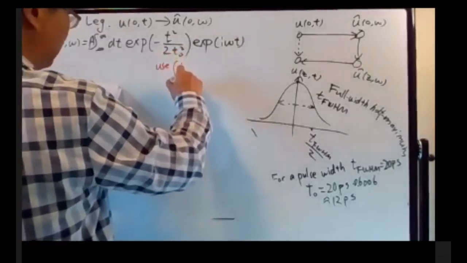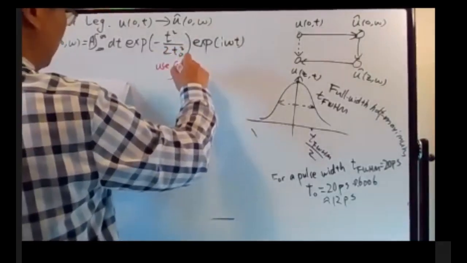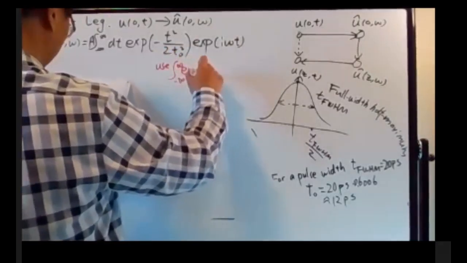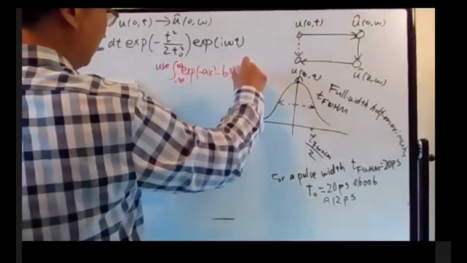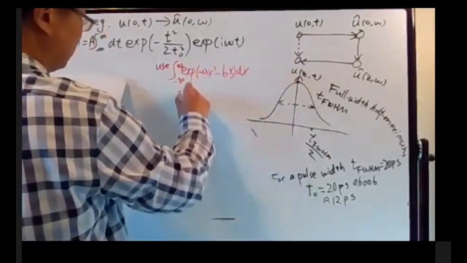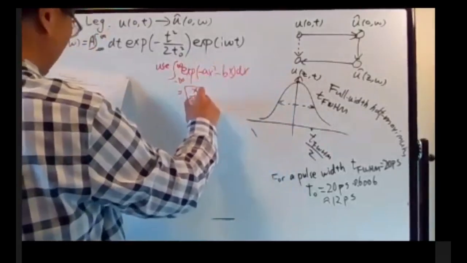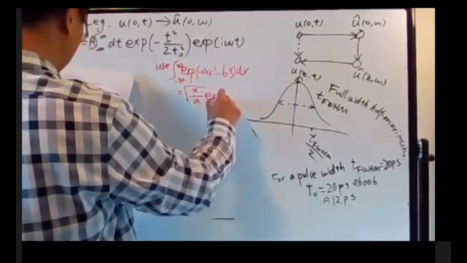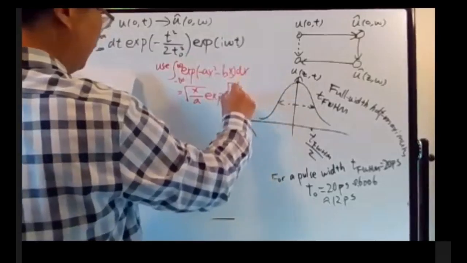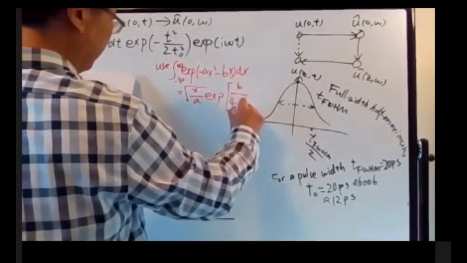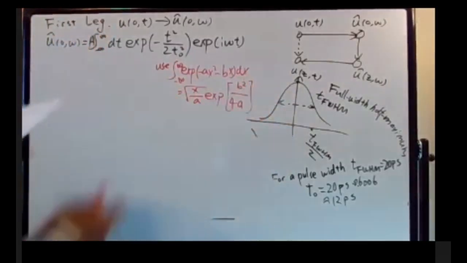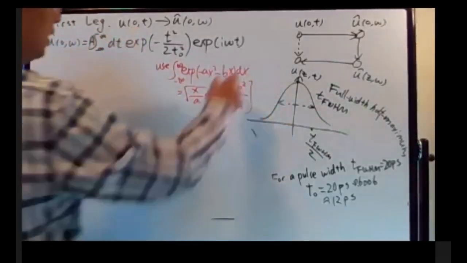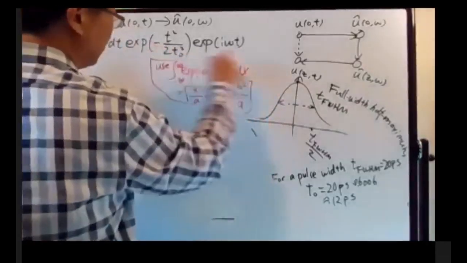The integral from negative infinity to infinity of exponential negative a x squared minus b x dx equals square root of pi over a, exponential b squared over 4a, right? So we'll use this table, and we can get that.